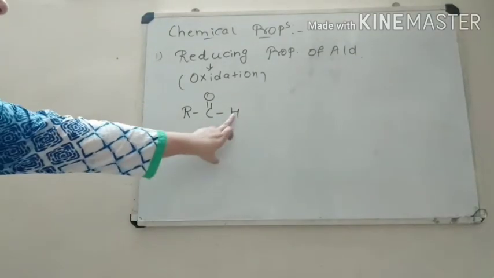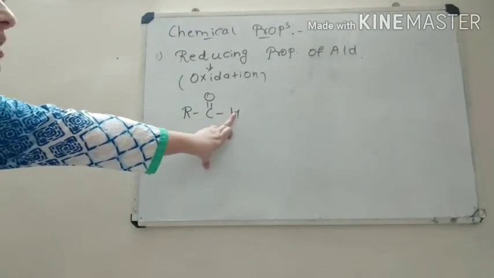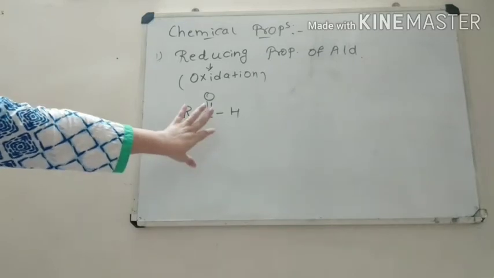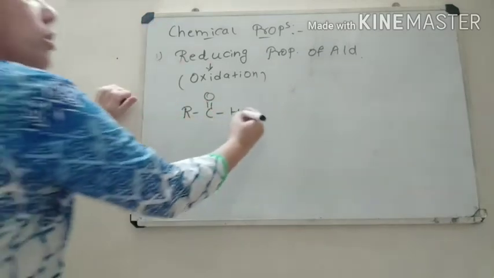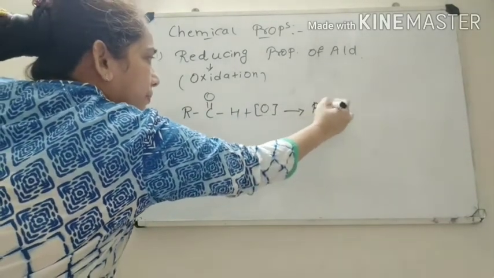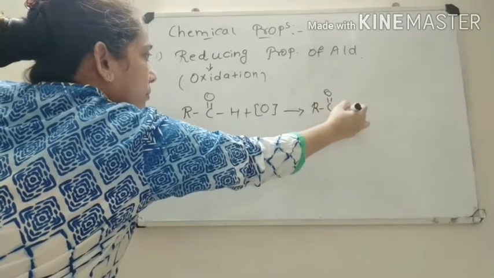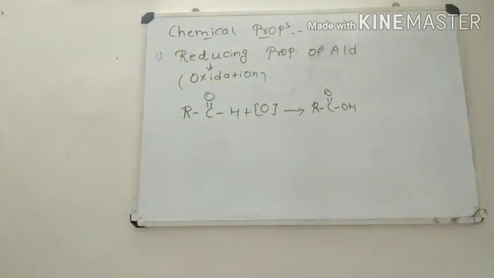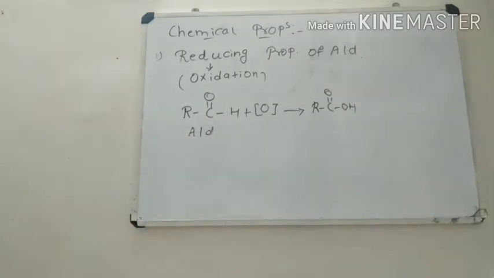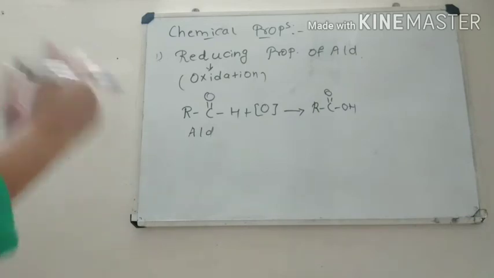In this there is a hydrogen directly attached to the carbonyl carbon, so it readily undergoes oxidation to form acid. So aldehyde is a good reducing agent. But what about the ketone?